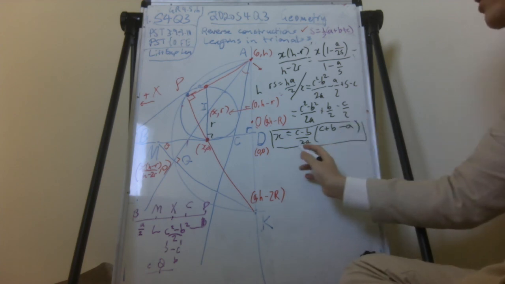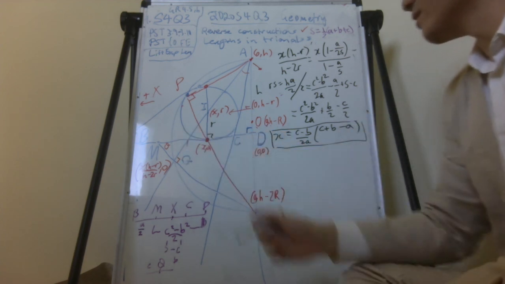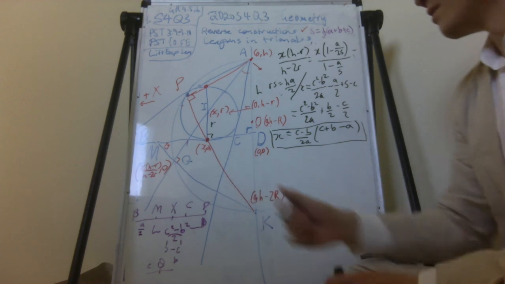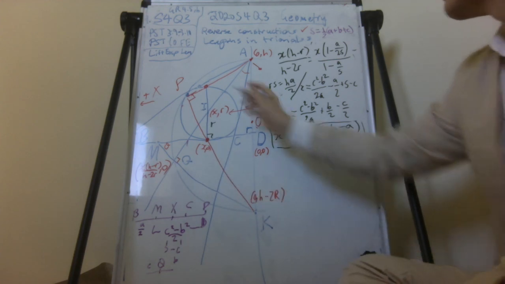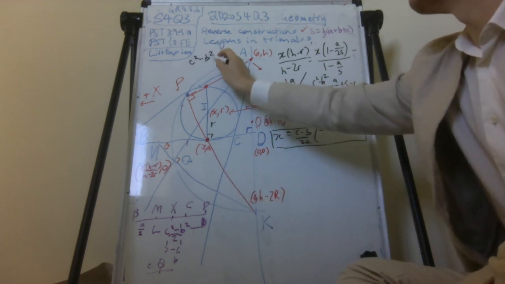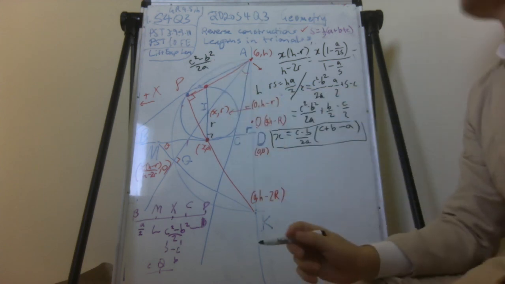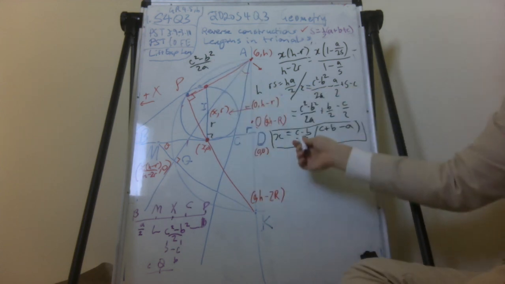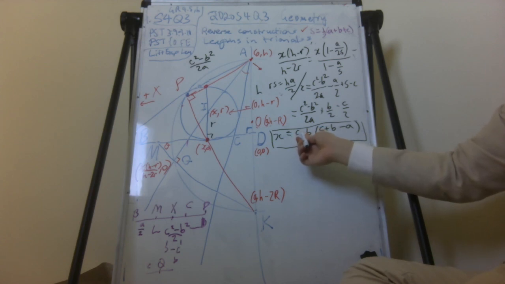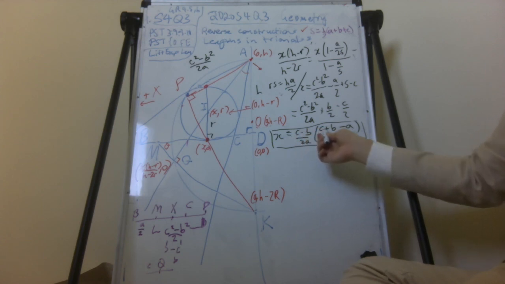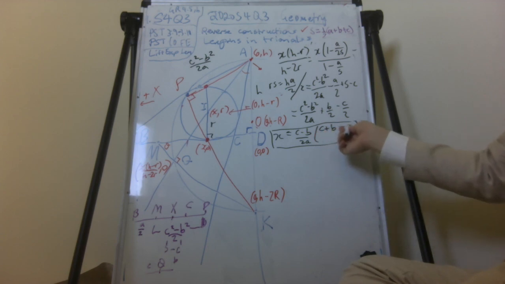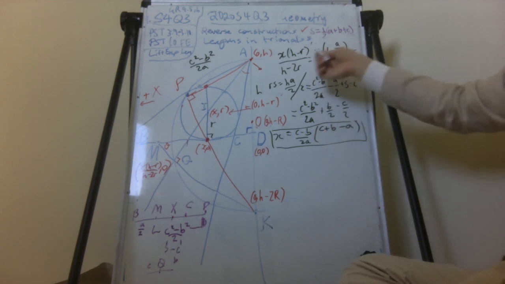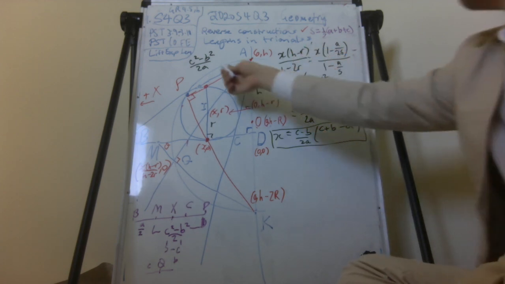So notice what we're trying to show. We're trying to show that the midpoint is equal to c squared minus b squared on 2a. So we've got the 2a, we've got the c minus b, so we just need to show that this part times the other part equals c plus b.